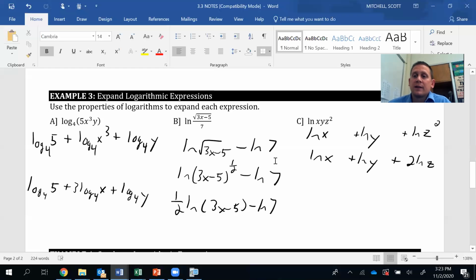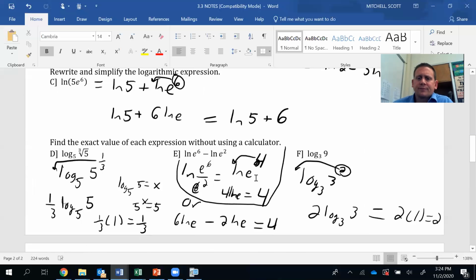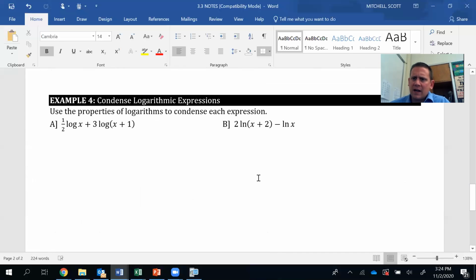In a second here, we're going to be condensing. But again, we go back to these properties. It's all based on right here. These are all the properties. There's not that many, but you got to know how to use them. So now let's condense. We've got to combine logs together. All right, so first we're going to deal with the numbers out in the front. So this is going to be the log of x squared plus the log of x plus 1 cubed.